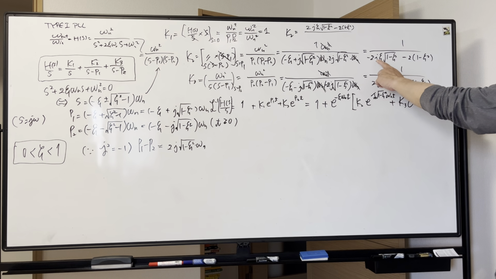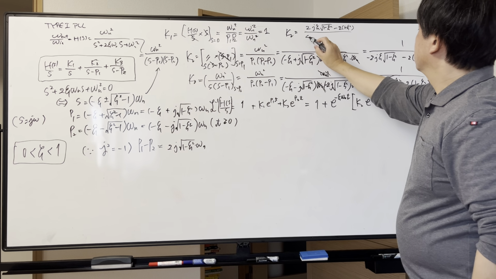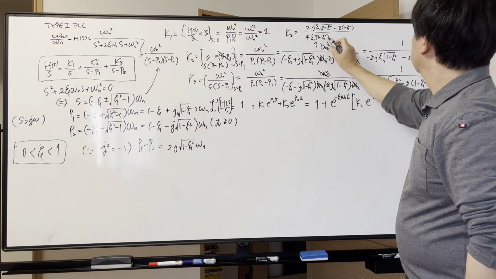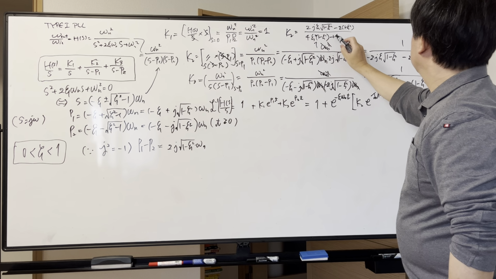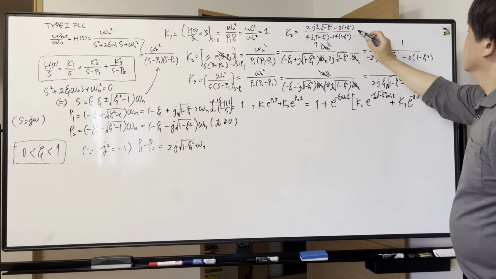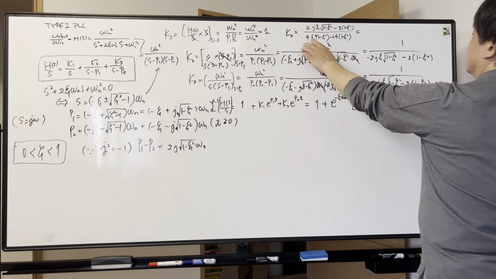This is minus 2 plus 2 minus 4 j square, which means 4. So 4 zeta square times 1 minus zeta square plus 4 times 1 minus zeta square.